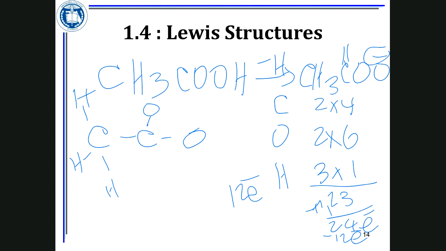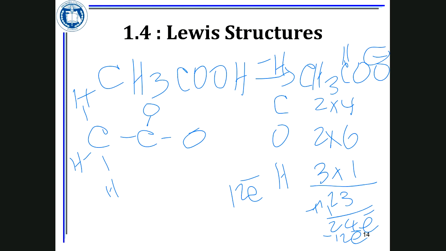Who is getting electrons first? Carbons or the side elements? The side elements. Does the hydrogen need an electron? Hydrogen is satisfied with 2 electrons, so it doesn't need another electron. Very good. And we are going to give electrons to oxygen.